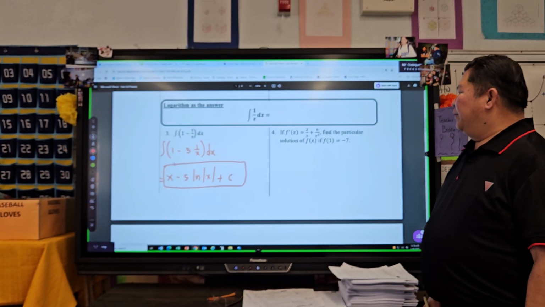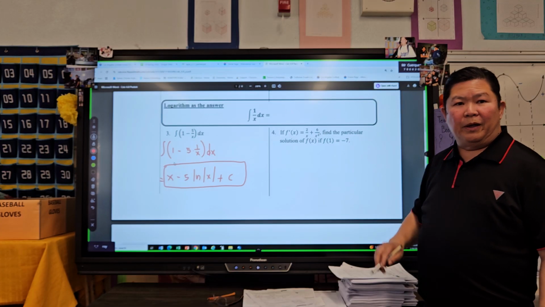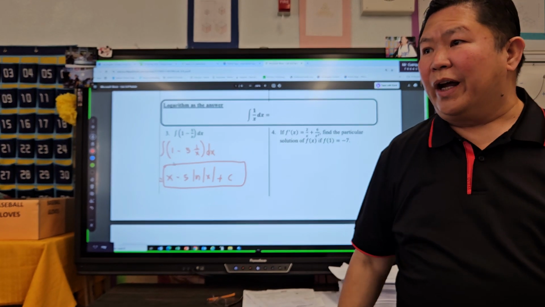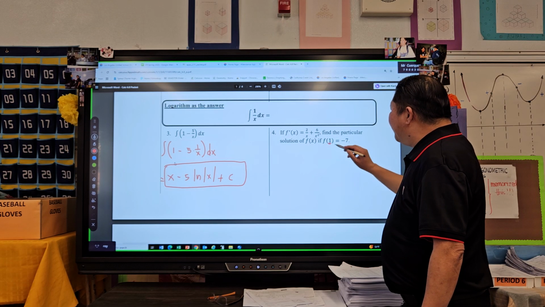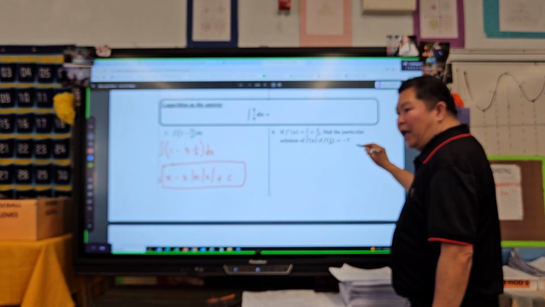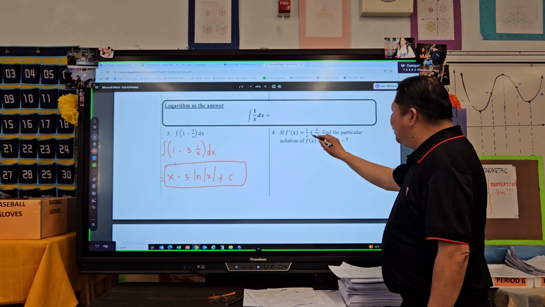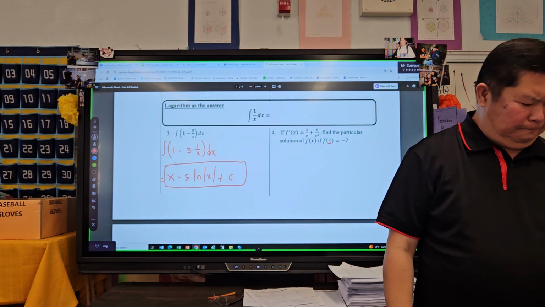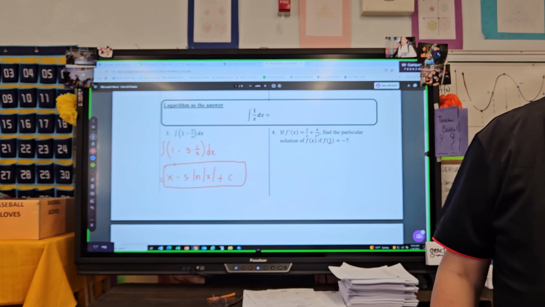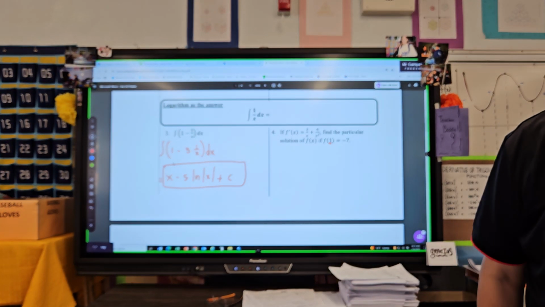So for number 4, this is similar to problem number 2 a while ago, right? Given f of 1, the y value, is negative 7. But what do we do with this? Can we rewrite first before we take the antiderivative? Yes or no?